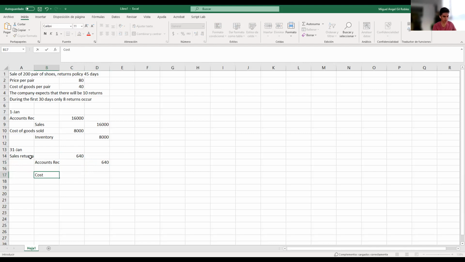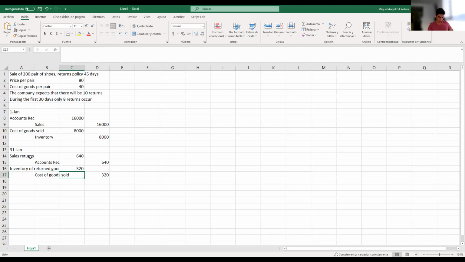I always like to start with that. Cost of goods sold will be $40 times 8. And here we are going to impact the inventory, but normally we don't register it in the same inventory. Sometimes we write down a new inventory of returned goods. This will be $40, because 40 is the cost per pair. And this is the end of the month.